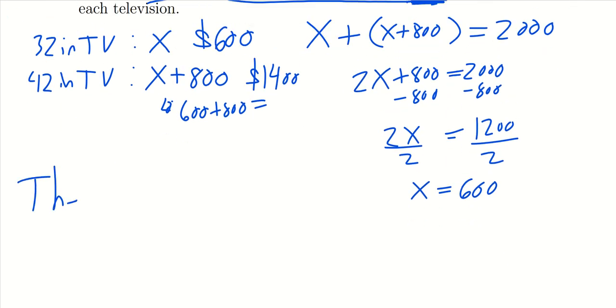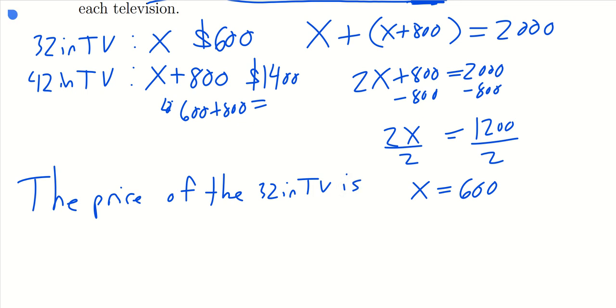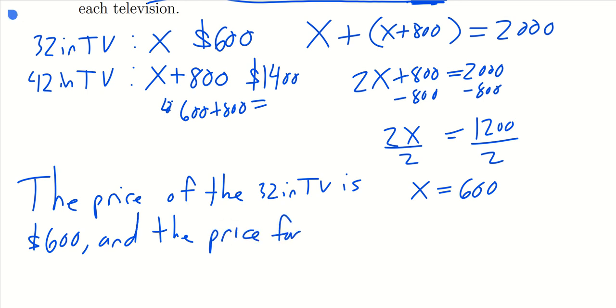The price of the 32-inch TV is $600, and the price for the 42-inch TV is $1,400.